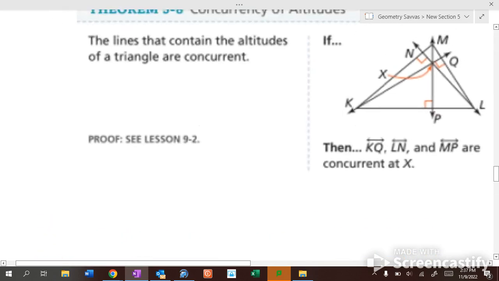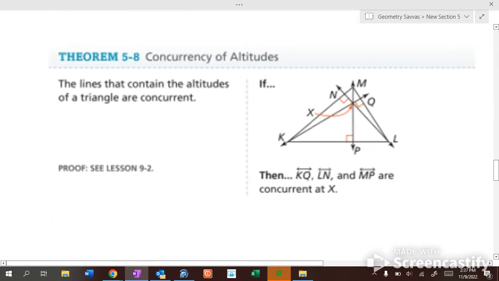All right. So, here's an acute triangle. On an acute triangle, when you draw three altitudes, the orthocenter is on the inside.